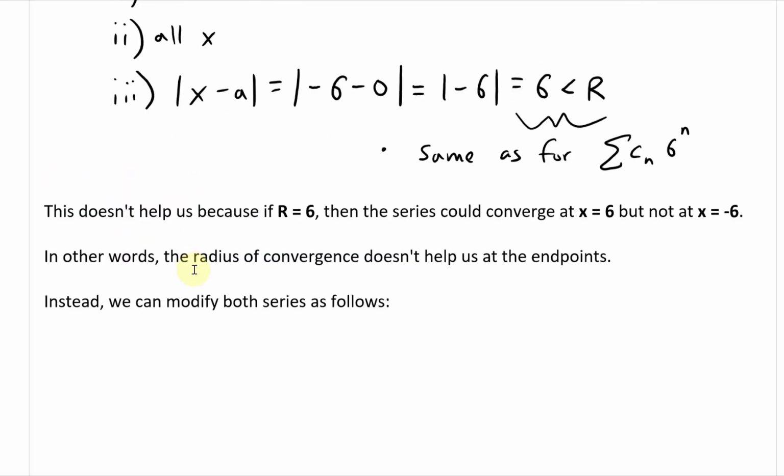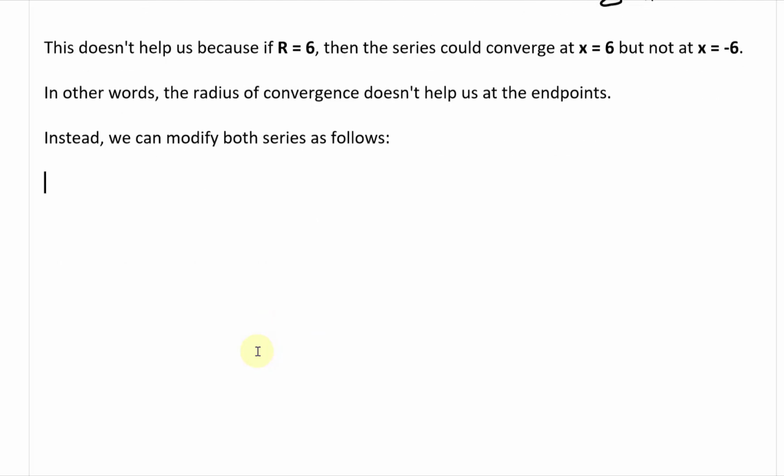Alright, so instead we can modify both series as follows. To do this, we could just pick a value for the constant. Let Cn equal the coefficients (-1)^n over n times 6^n.